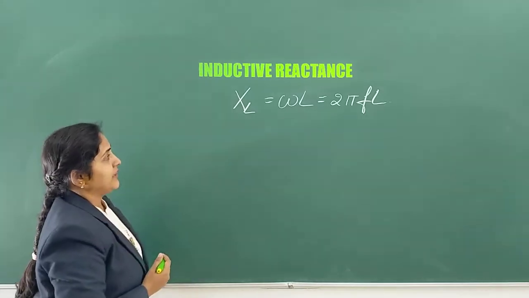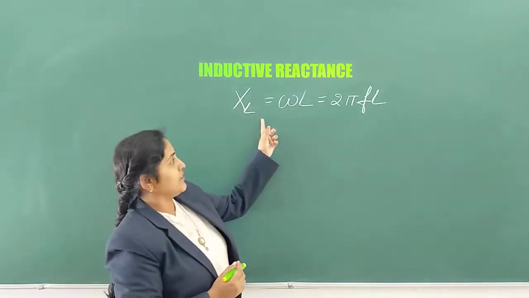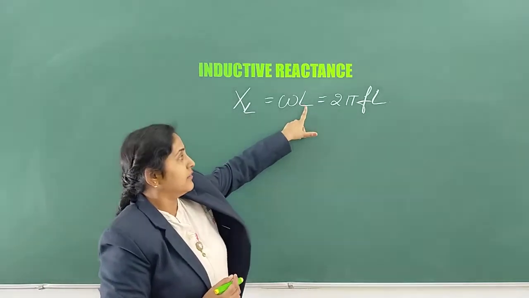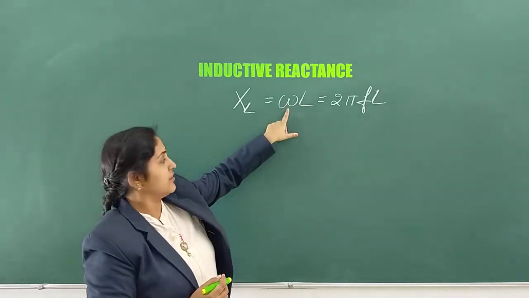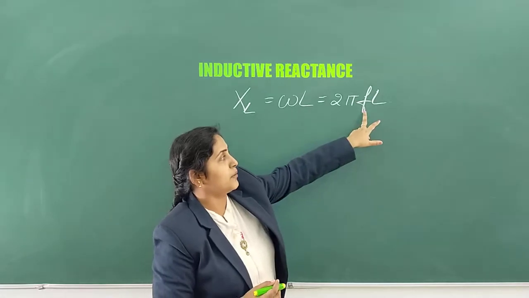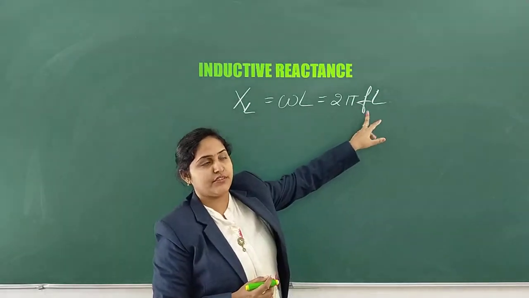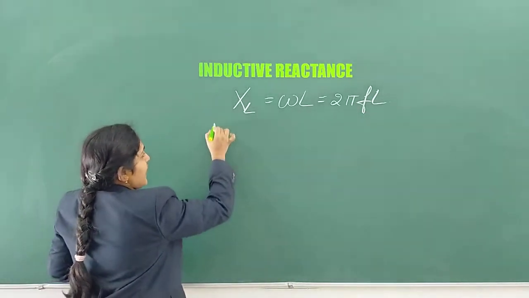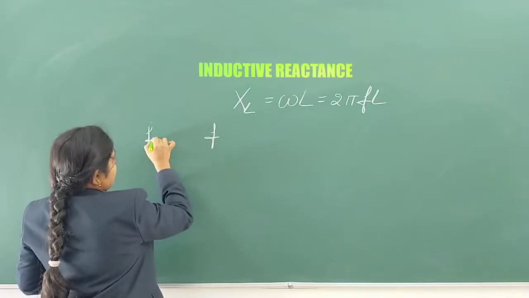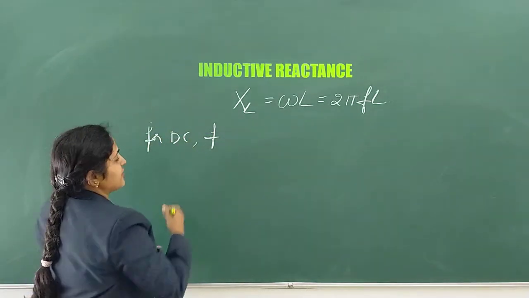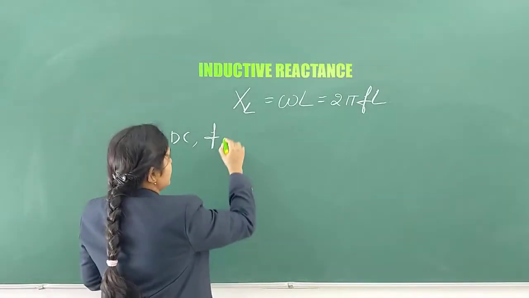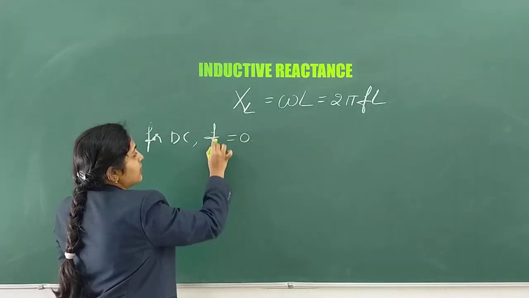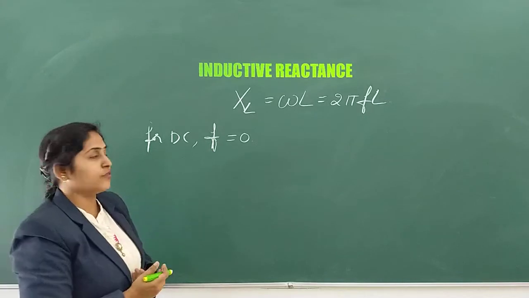By looking at the equation, you can see the inductive reactance is dependent on the self-inductance L of the inductor and angular frequency, and it is directly proportional to the linear frequency. So, for direct current, DC, frequency is 0 because there are no oscillations or alternating changes of the current.